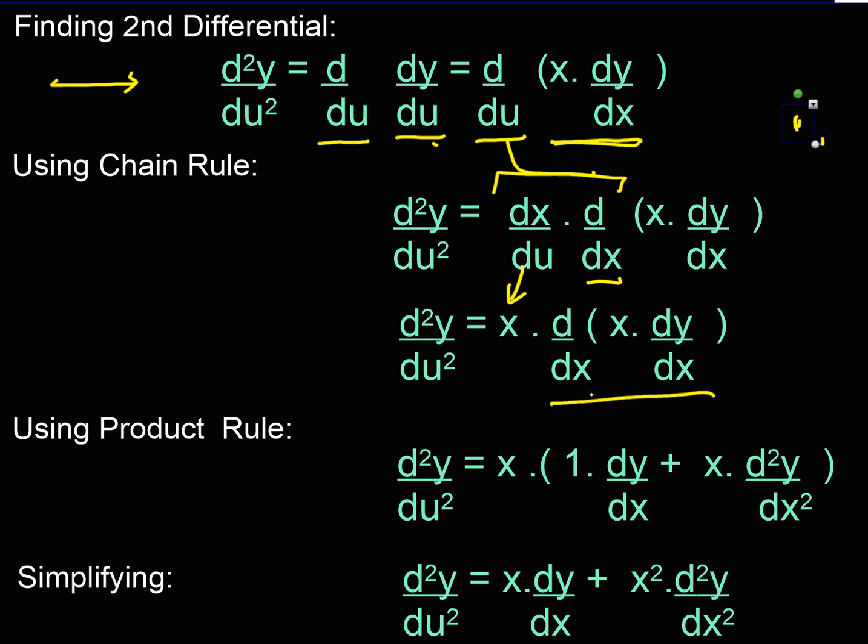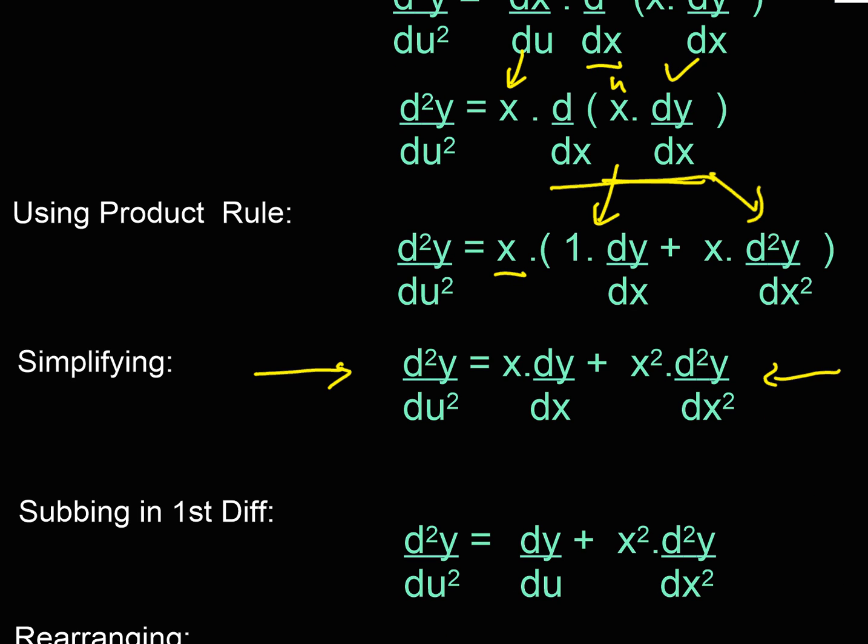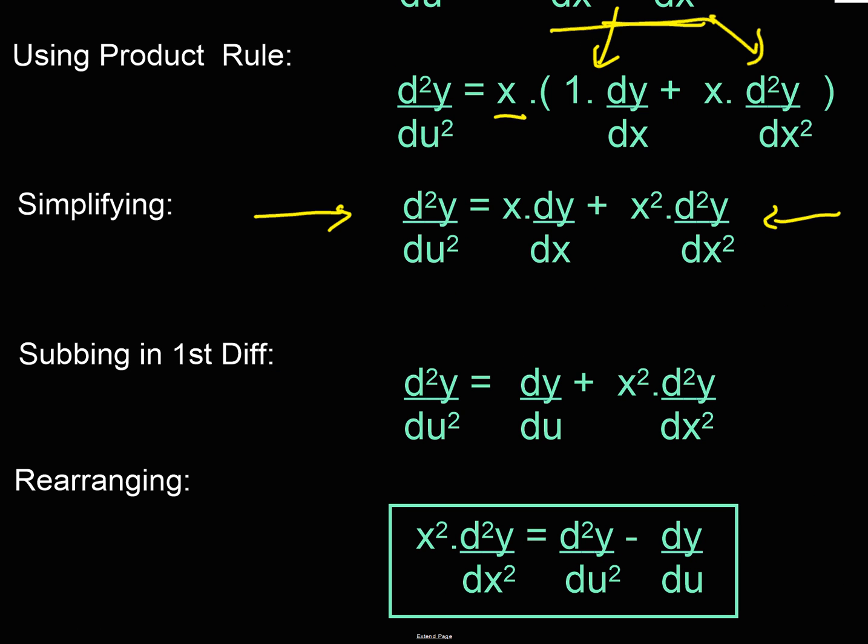So all I need to do now is to differentiate this bracket, which using the product rule here, that's a u and that's a v, is going to give me these two terms here. There we are. And when I multiply through by x, I get this here, that d2y by du squared equals x dy by dx plus x squared d2y by dx squared. Now I need a bit more tidying up here before I move on, because I want to find out what this term here is in terms of dy by du.